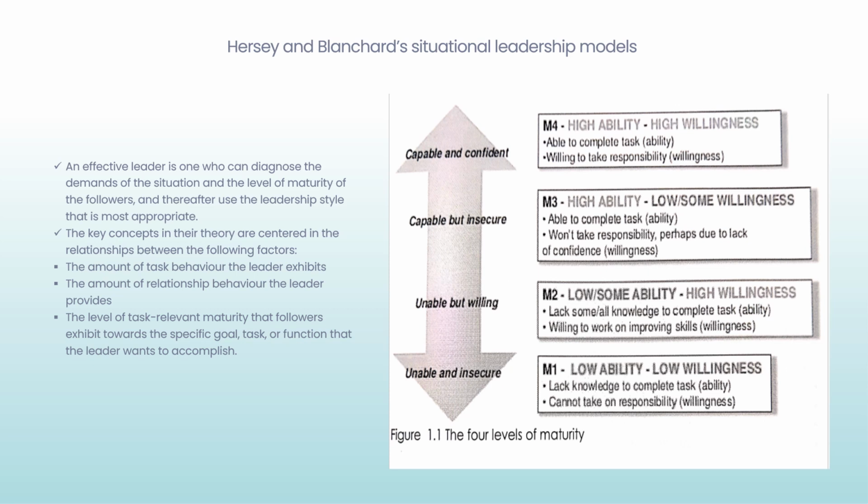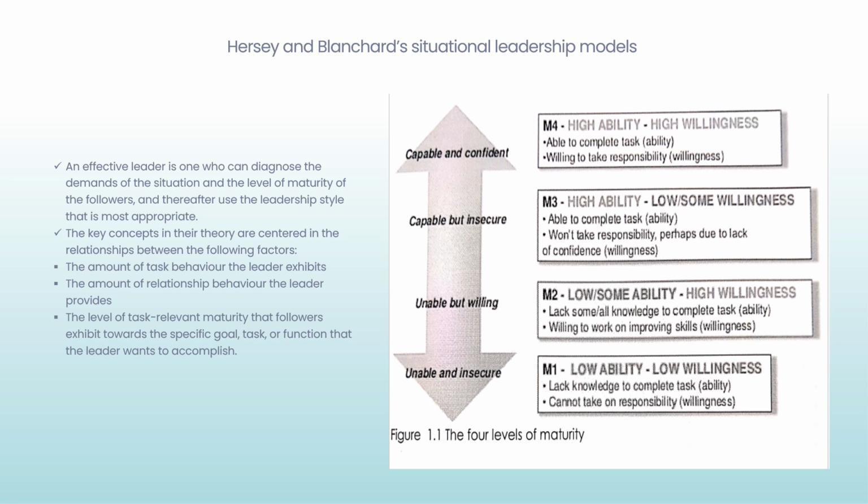He has knowledge. The last one is capable and confident. High ability, high willingness. So able to complete the task and willing to take responsibility. Now you see that with Hersey and Blanchard's situational leadership model, they mostly focus on the followers, because as a leader, you have the package you need to perform your behavior, your task as a leader.